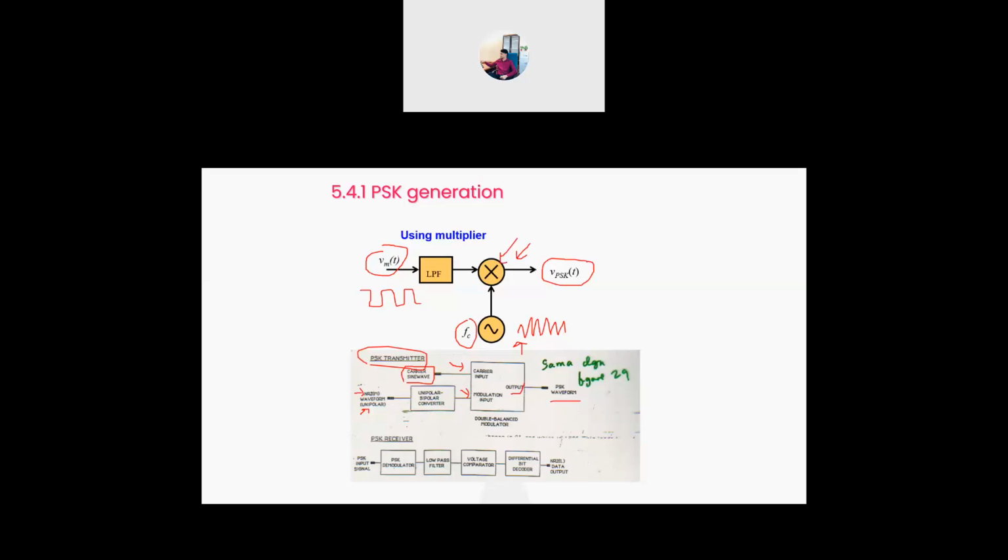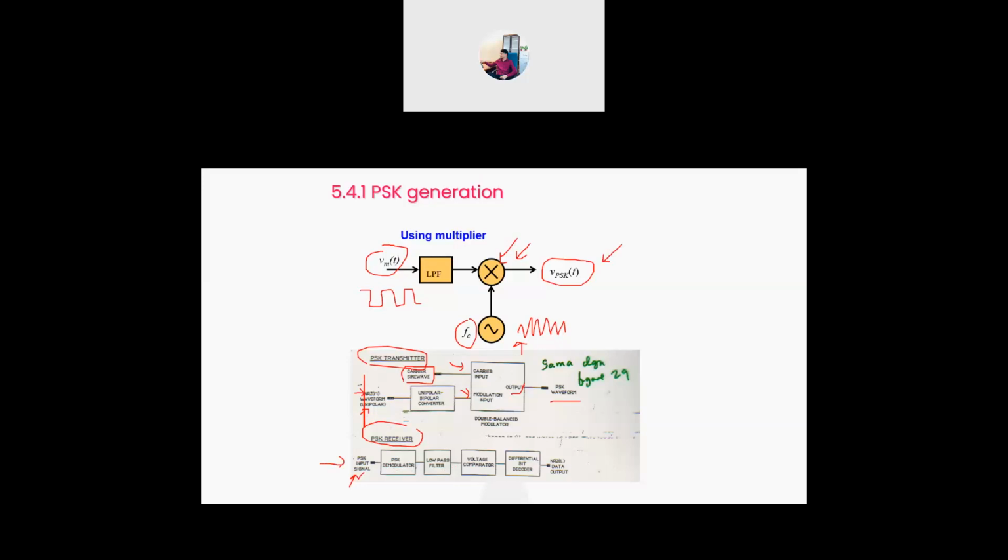On the receiver side, we have the PSK input signal, of course, like this one, VPSK. Now we input it here because it's the receiver. Then it goes to the PSK demodulator, so we demodulate it. And the low pass filter, I think you know already, removes the higher frequency, because we just want the information, which is lower in frequency.